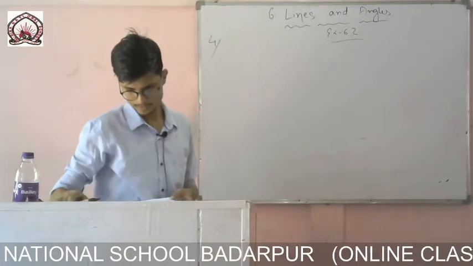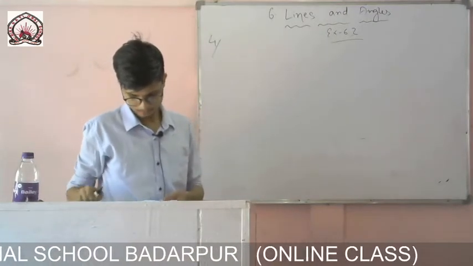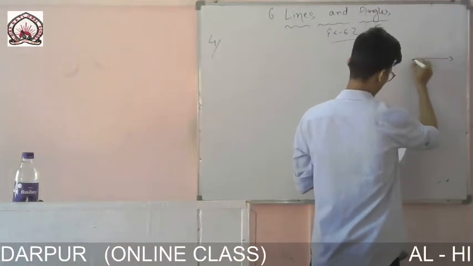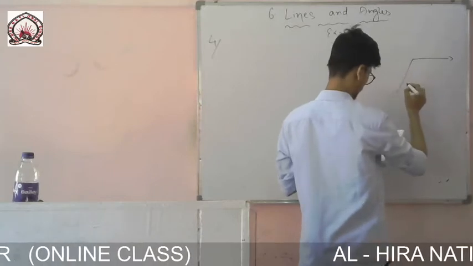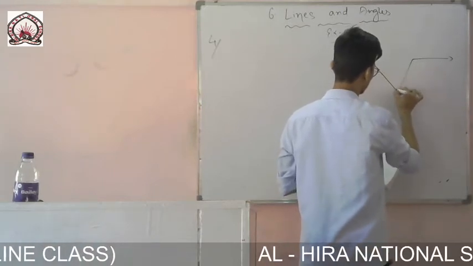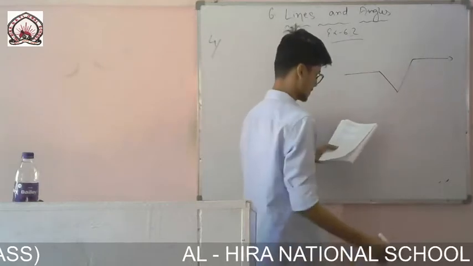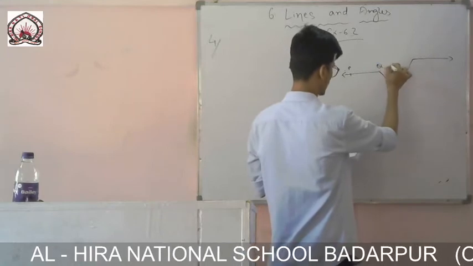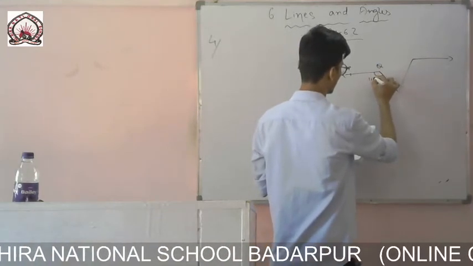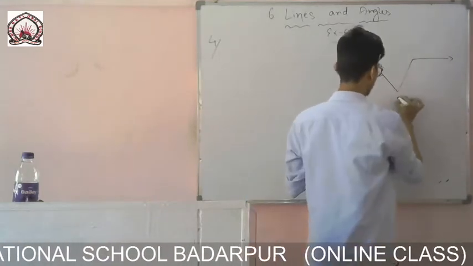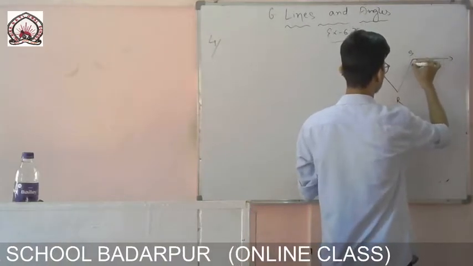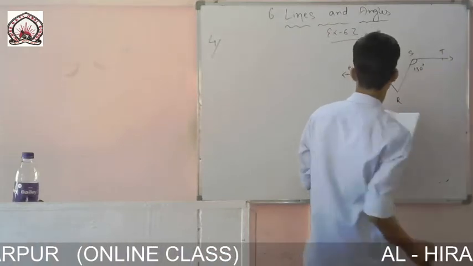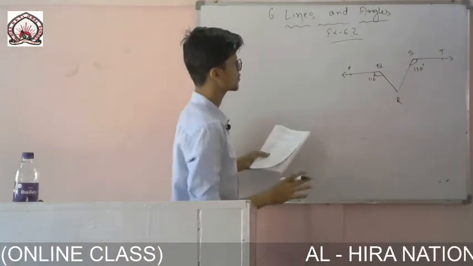Question number 4, they are about to do a little construction. Okay, first of all let me draw how it is given here. Okay, so it is given like this: PQ, this angle 110 degrees, there it is given R, there it is given S, measure given 130 degrees, and there it is given T. These are the things given in the question.